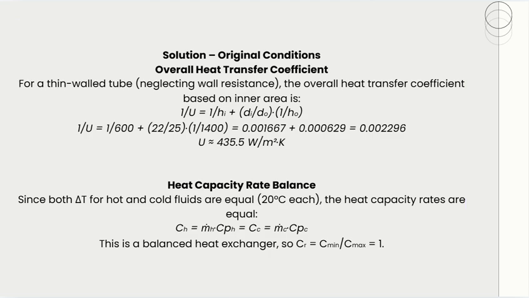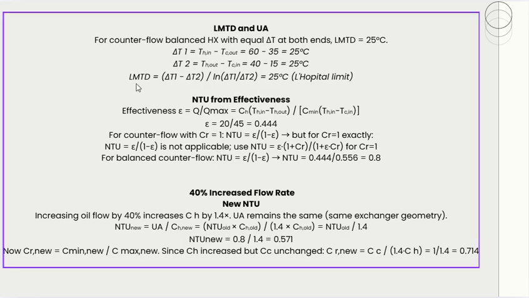Next, we will calculate LMTD. Since delta T1 and delta T2 both are same, we'll use L'Hopital limit. Using that we get LMTD as 25 degrees Celsius. Next we'll calculate effectiveness.